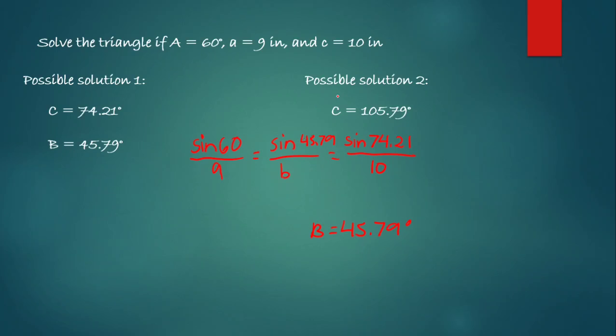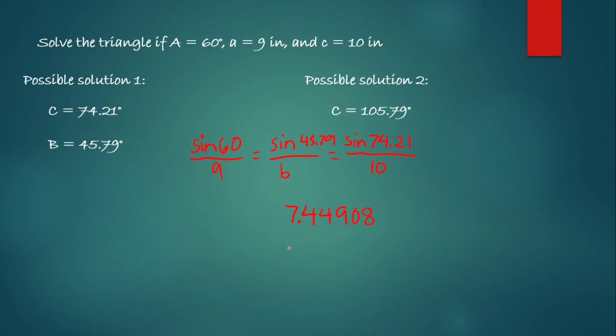45.79, and now we're just going to look for side B, and how we're going to find it is by cross multiplying these two. In a result, if you look in the calculator, it will say 7.44908.